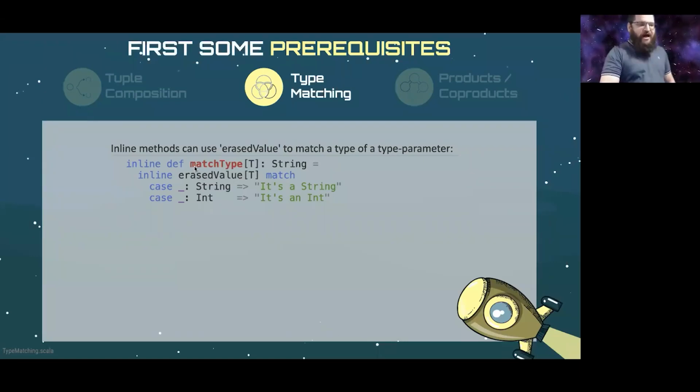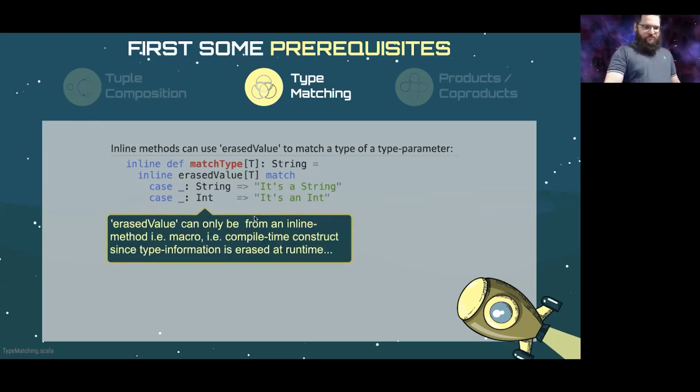But what you could do is you could use it to match things. So you could match the type that is coming out of here, which is the type that was plugged into this function, and you can actually match it on something. And yes, as I said before, erased value can only be used from an inline method, i.e. a macro.